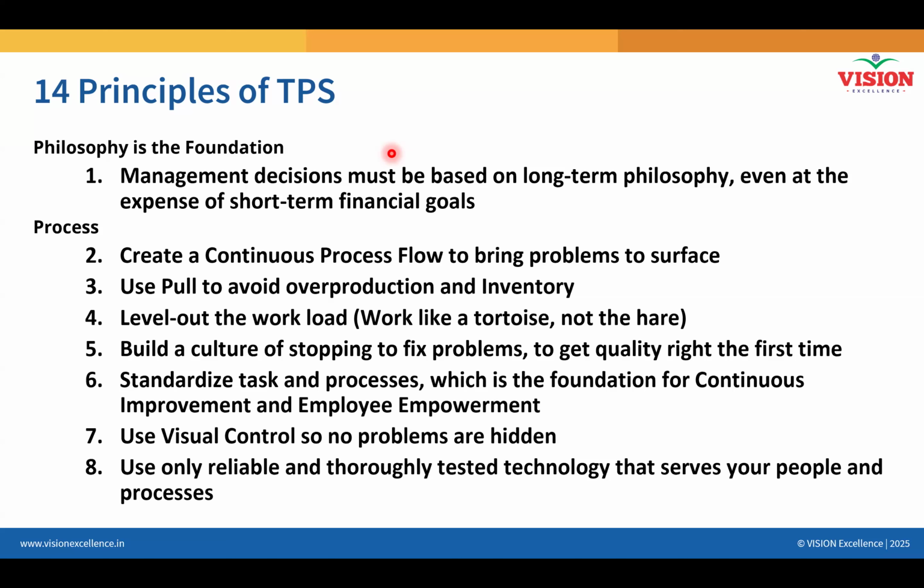A 3 years, 5 years plan is important, and all your small initiatives should be in perfect alignment with your long-term strategic plan. Then companies will be able to understand the benefits of all the tools and principles we are talking about, right? So first point, your decisions must be focused on long-term gains, even if it happens at the expense of some short-term loss.